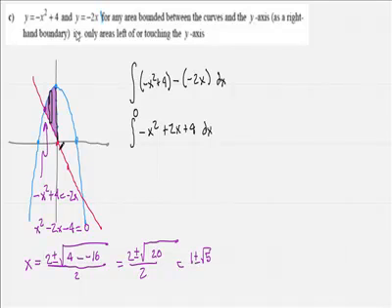Two values. 1 plus root 5 would be the positive intersection over here, which doesn't interest us. It's nowhere near the region we want. And 1 minus root 5 would be our left boundary here. Now, you can do that with the exact value, if you like, or you can just say 1 minus root 5 is negative 1.24 and solve it that way.